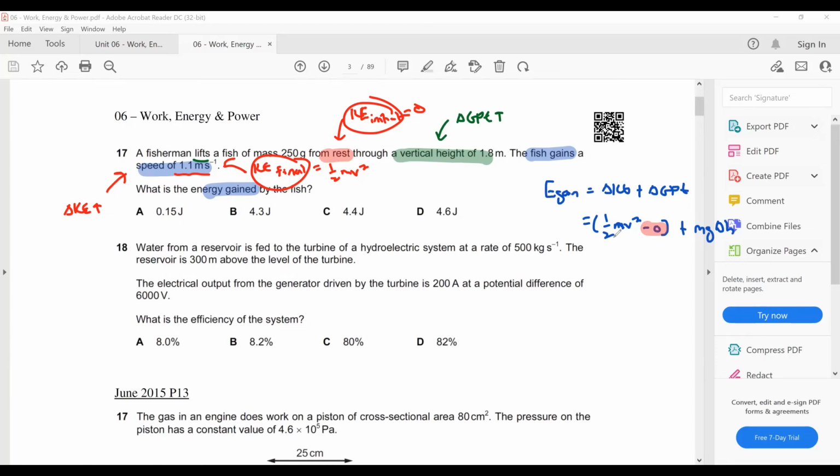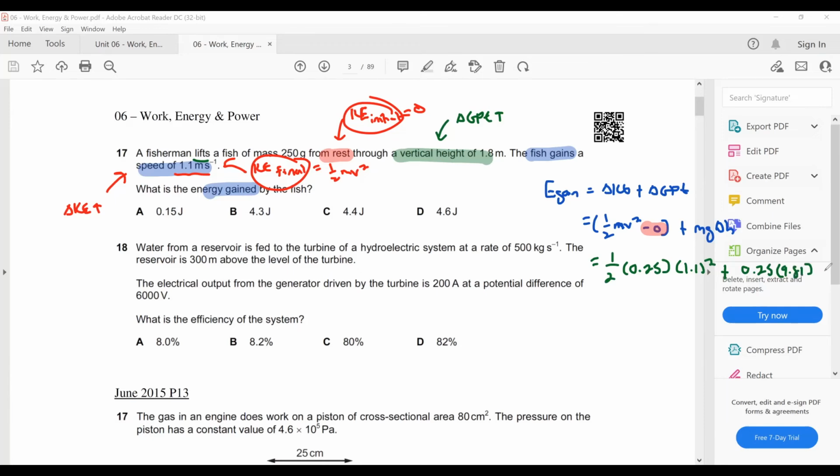A lot of times you will notice that the working sometimes just omit out 0. But I just write it here for you to understand why it is like that. Right, so just sum in the values and you should get the answer. Half of 0.25, change 250 grams to kg, sum in the speed.